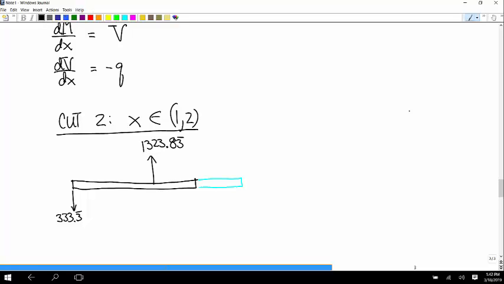So now let's think about the distributed loads. There's the weight force that's represented by a, there's the weight force.